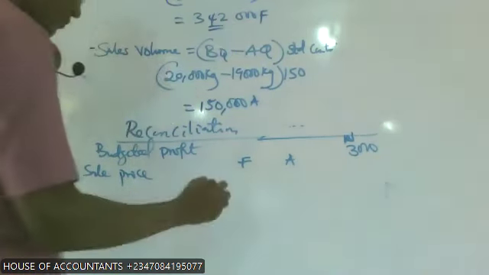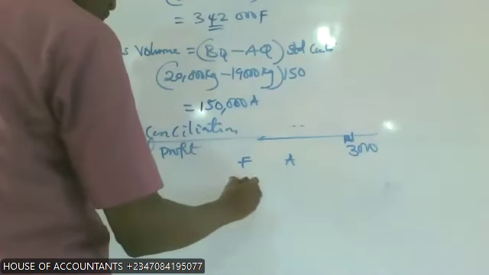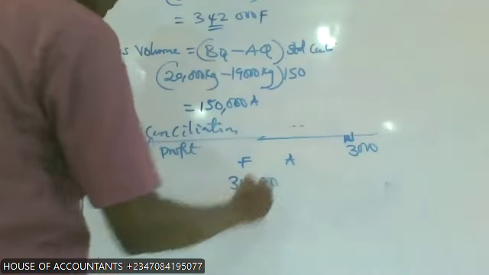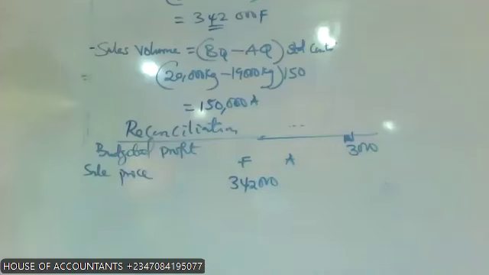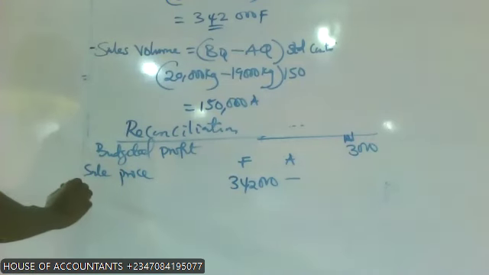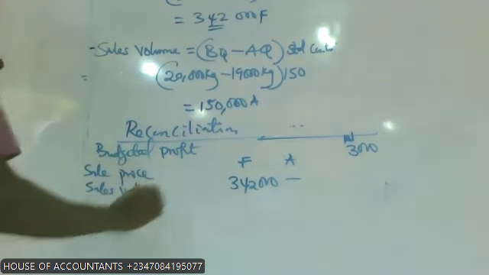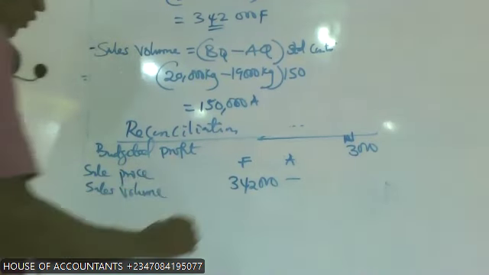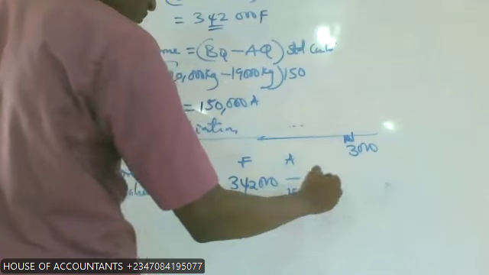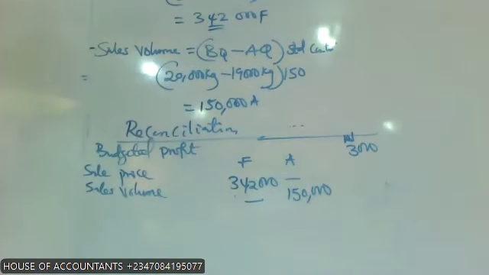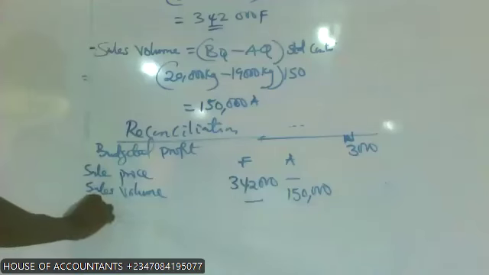Okay, yes. 340,000. Because it's favorable, we put it under favorable. Nothing is coming here. Then we have sales volume, which will be 150, but it's adverse, so it will be under adverse, 150,000. Are we good?